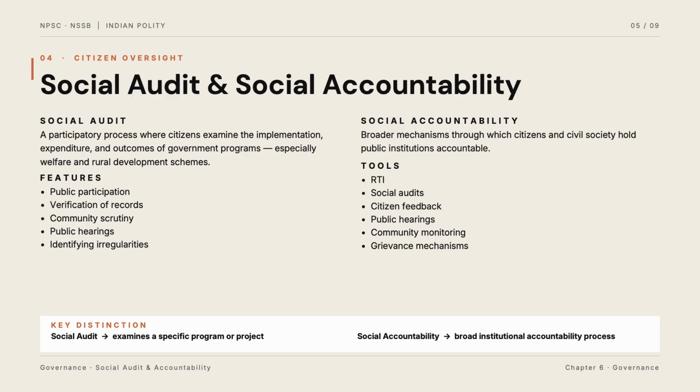Let's say in Woka, okay, the people of Woka are not satisfied with works related to roads and bridges.